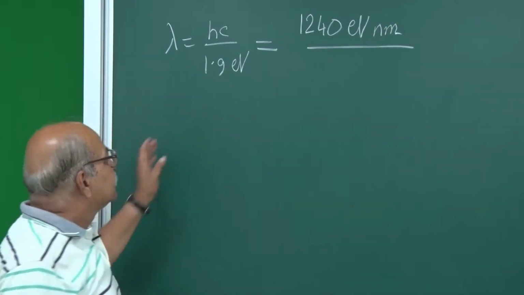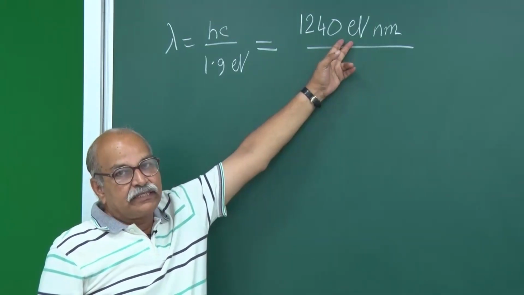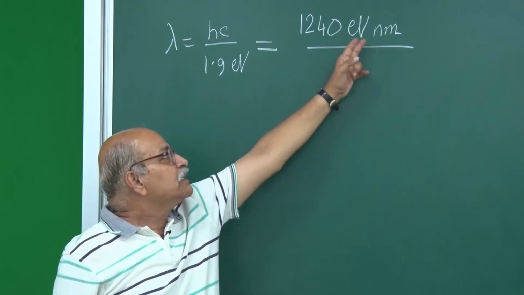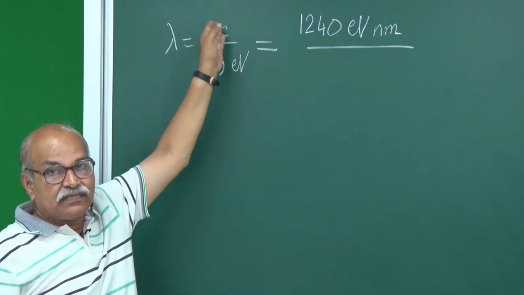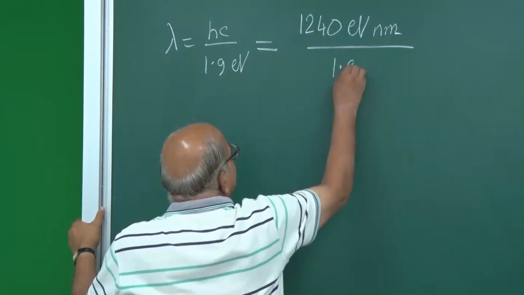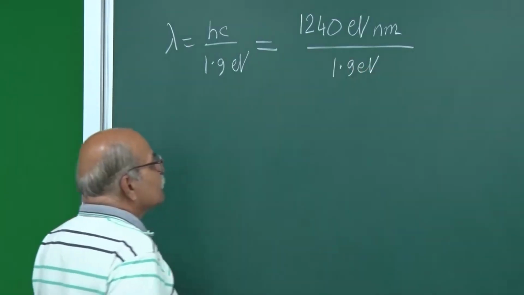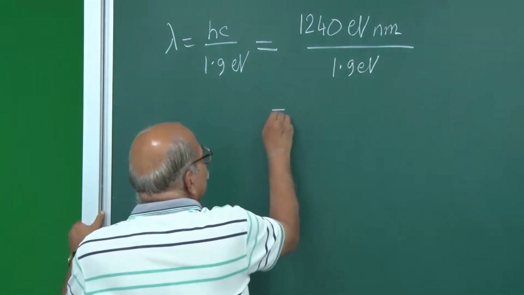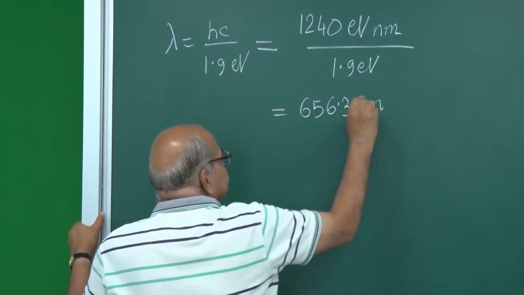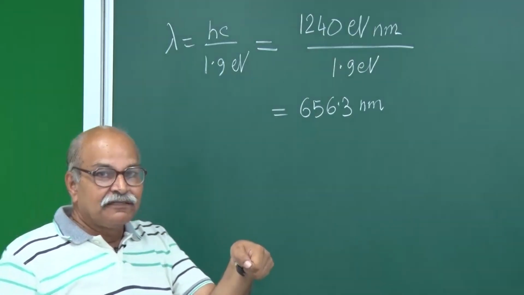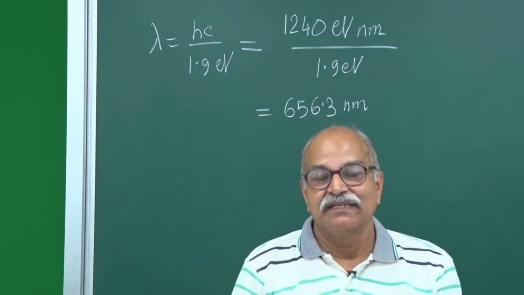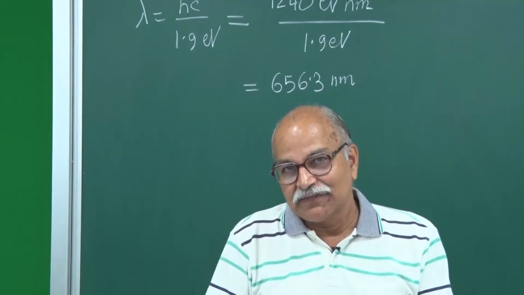What is that? eV is for energy, electron volt, you know that, we have used it. nm is nanometers. So in eV nanometer units, Planck's constant times the speed of light is almost 1240, divided by 1.9 eV. And that turns out to be close to 656.3 nanometers, which is the measured value of one of those 4 wavelengths emitted by hydrogen atoms.